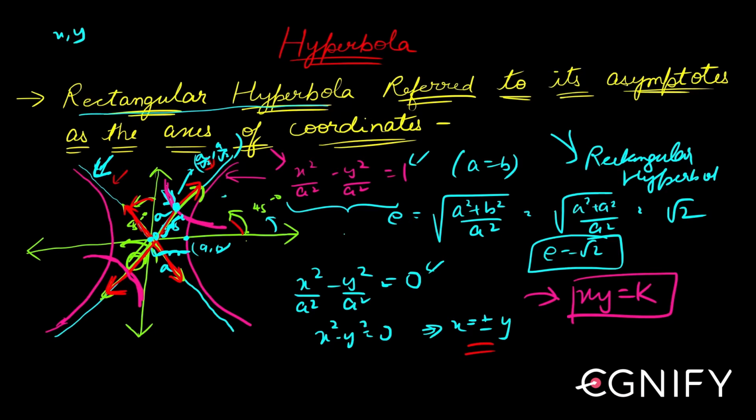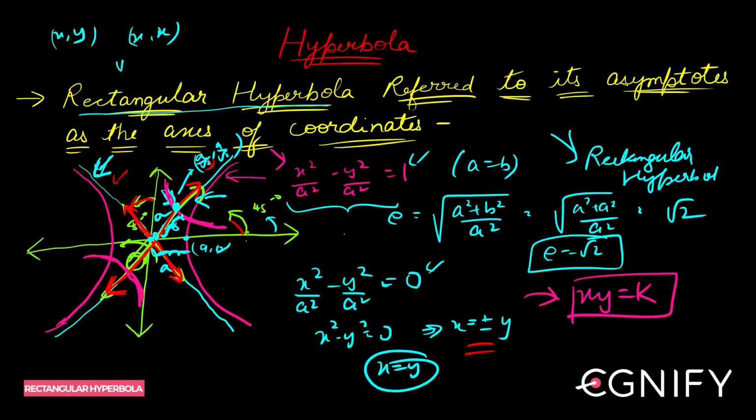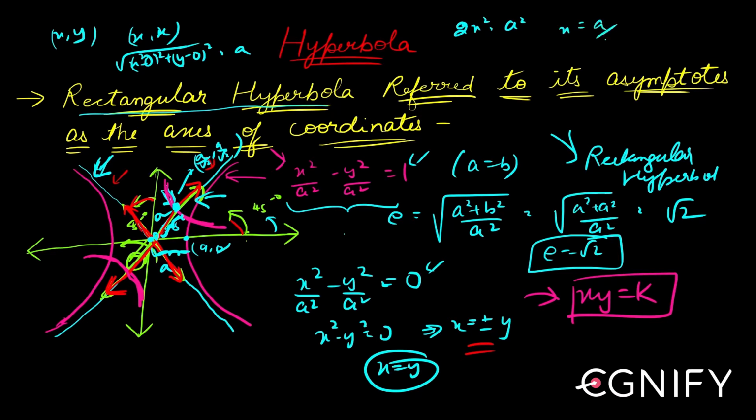Also, the point is lying on the asymptote, which was x equal to y, so x comma x are the coordinates. Also the distance is a, so under root x minus 0 whole square plus y minus 0 whole square is equal to a. So 2x square is equal to a square, so x equals a by root 2.